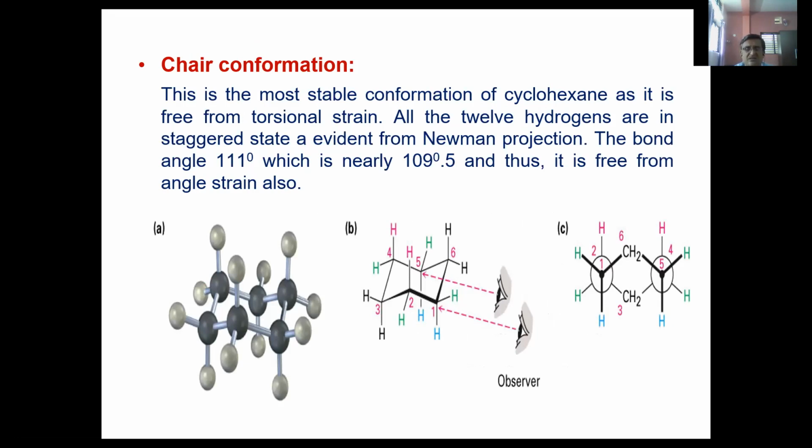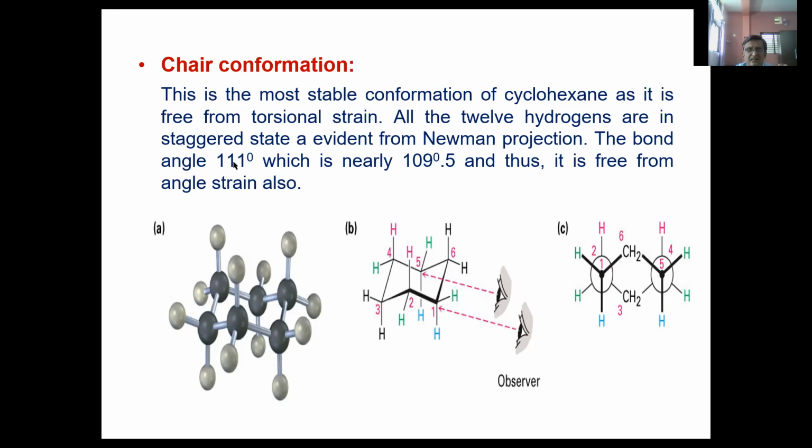Of course, it experiences very little angle strain, but when we consider steric or torsional strain, none exists. All 12 hydrogens in cyclohexane are in the staggered state. That is evident from this Newman projection. 12 means 4 from here, 4 from here, and the remaining 4 with respect to this carbon, because it is a cyclic structure.